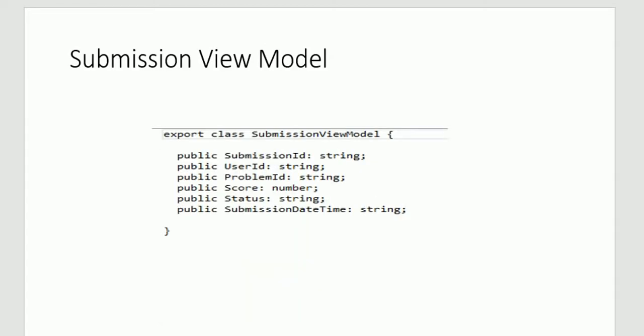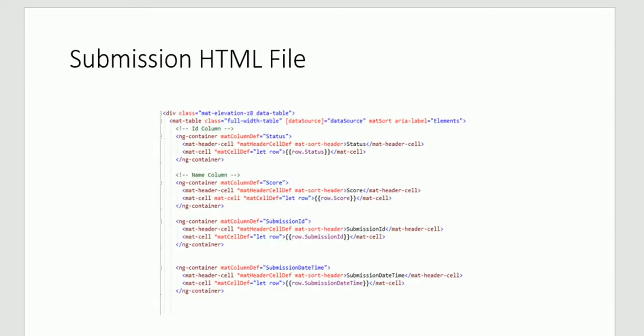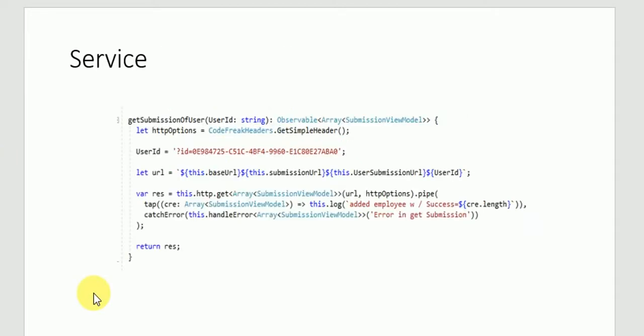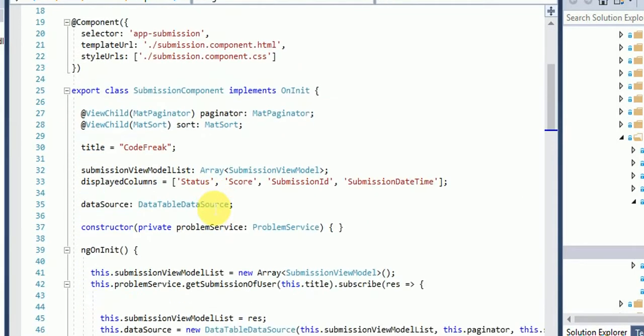Submission front end includes a submission view model, a submission TypeScript file, and a submission HTML file, and I have also written a service function, get submission of user ID. I would like to give you a look at the function of the submission component that I have written.